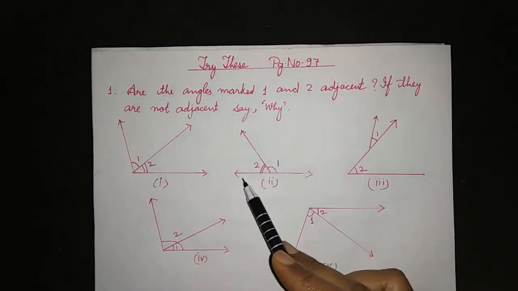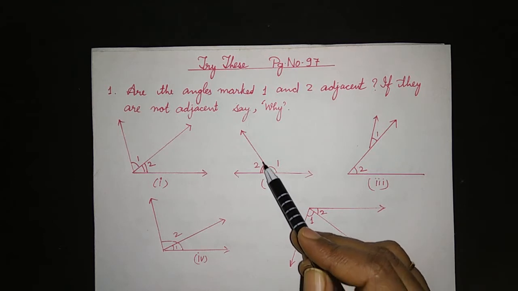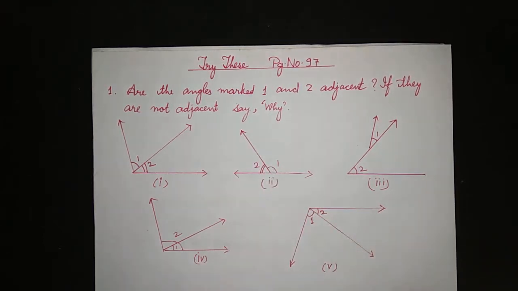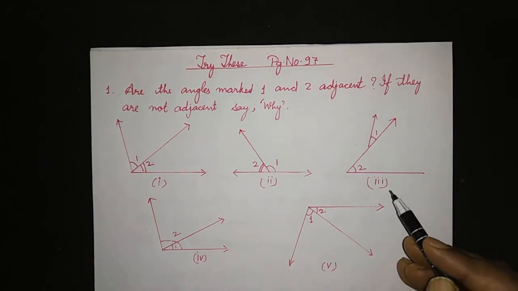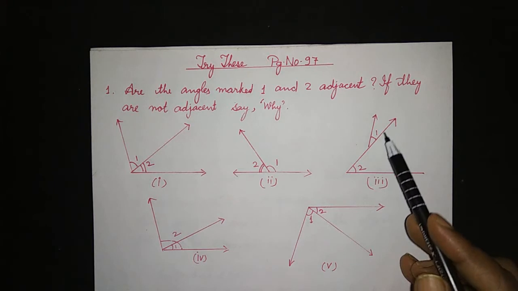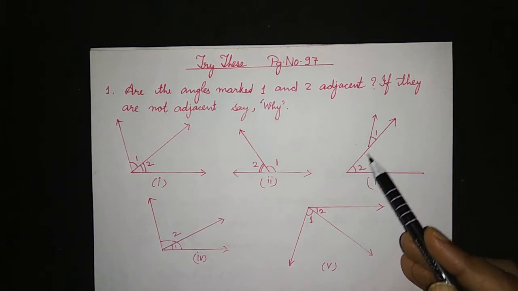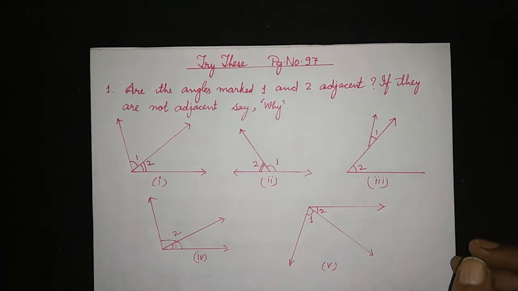And in the case of the third figure, angle 1 and angle 2 are not adjacent.